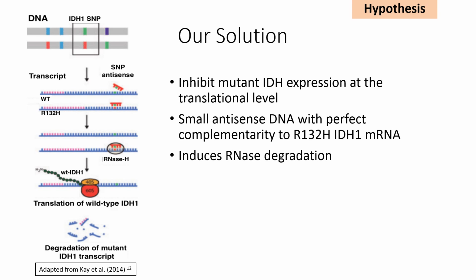So if you get the perfect annealing that we're hoping for here with the small molecules of DNA, it's going to recruit RNase, which eventually degrades the mRNA, resulting in no production of the mutant IDH enzyme.